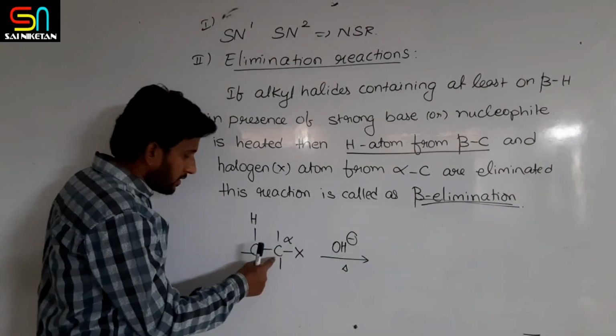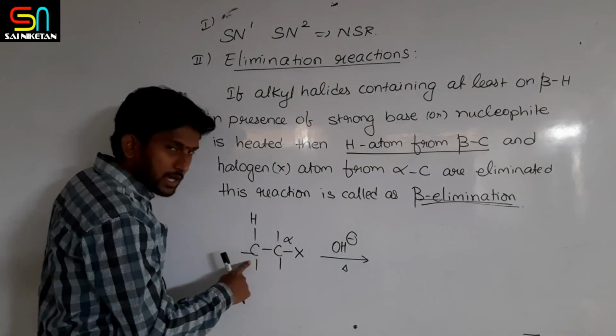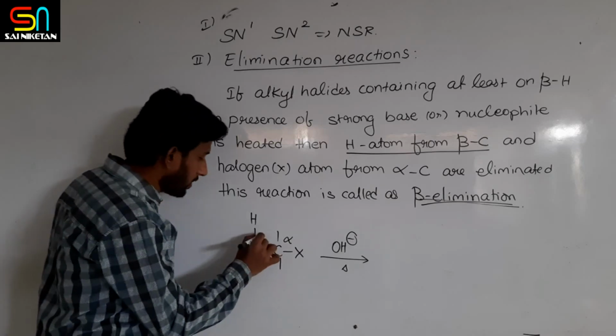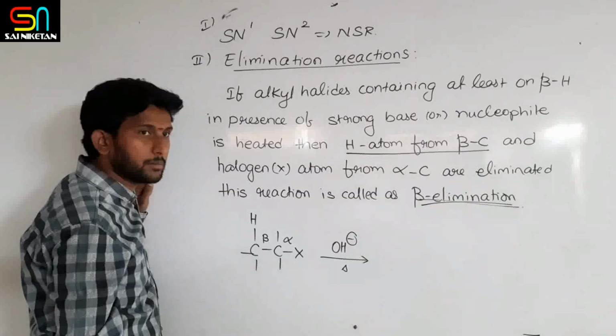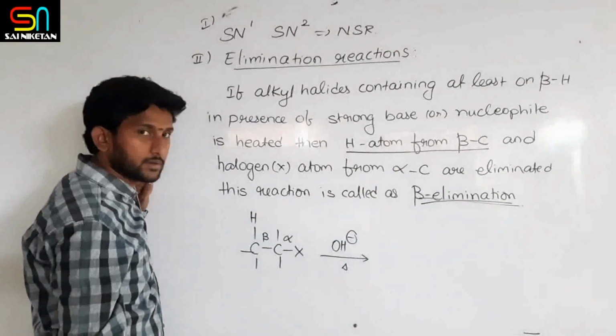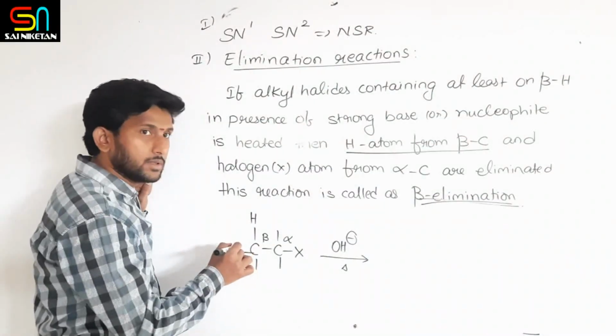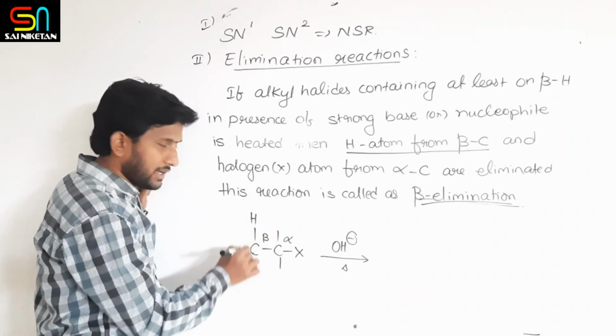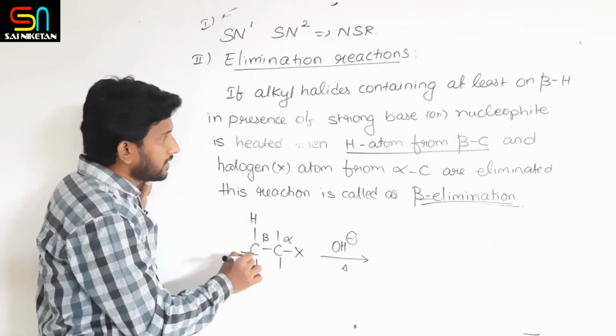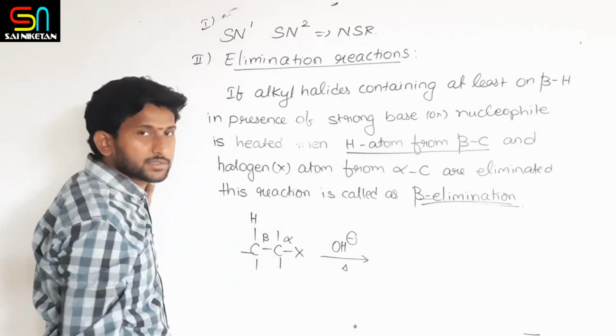Similarly, the carbon adjacent to the alpha carbon is called beta carbon, and the hydrogens attached to the beta carbon are called beta hydrogens.